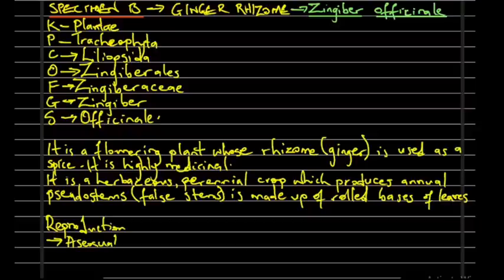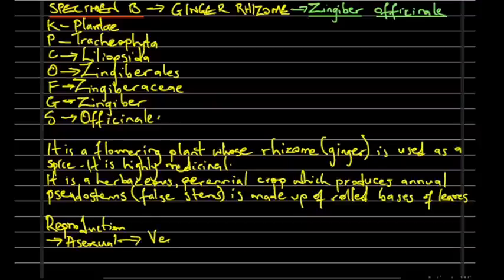We have the sexual reproduction that involves the fusion of gametes, or the union of two gamete cells, which is the male and the female. But particularly for this one here, we are talking about asexual, which is just the production of offspring from a single parent. This particular one is asexual, and it is from vegetative propagation.